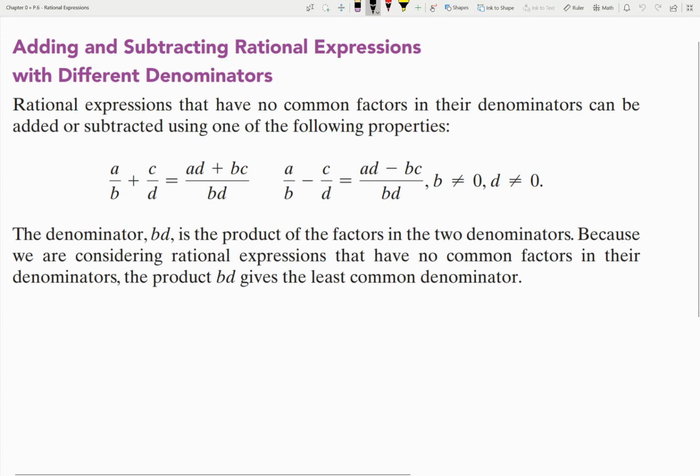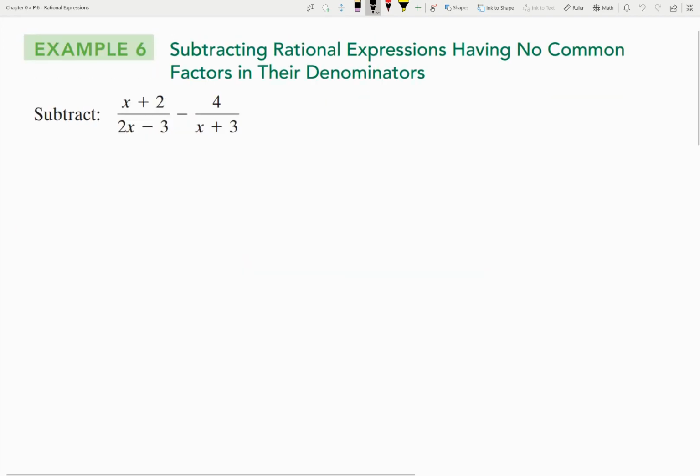And of course, we have to manipulate the fractions: we're multiplying this fraction by d and this fraction by b in order to get a common denominator of b times d. Now, we might have to do some manipulation and some thinking to get the least common denominator. We'll talk about that in a second.